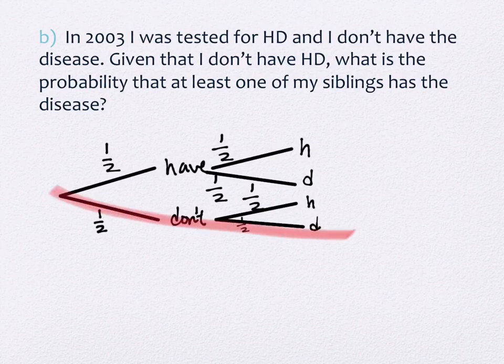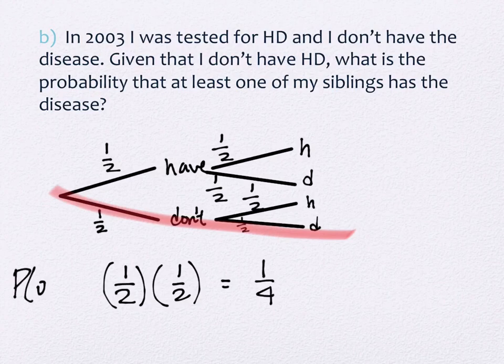This right here is the everybody's okay scenario. So there's still a 1/2 probability that my sister has it and a 1/2 probability that my brother has it. And we could continue the diagrams after them, right? Because they have more children, each one of them. So there is a 1/4 probability that they're both okay.